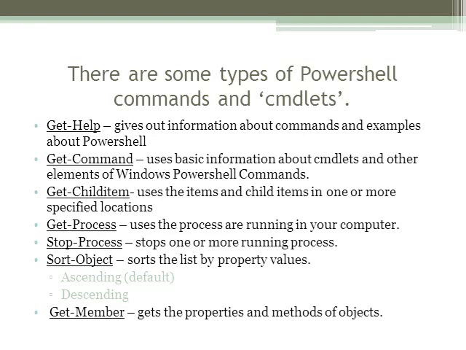For example, you can sort objects in ascending order, which is A through Z, and descending means to go back from Z to A. So that is the example of Sort-Object. Now Get-Member gets the properties and methods of objects, like the list of Get-Member commands.